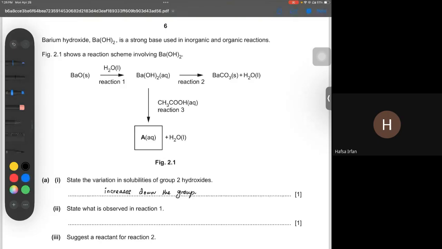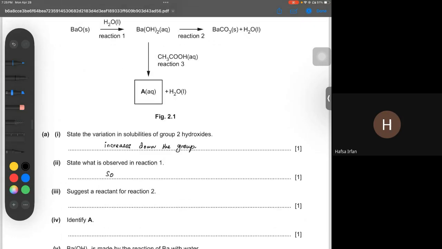So when it is reacting with water, it would be forming barium hydroxide, and you can write down that the solid disappears.